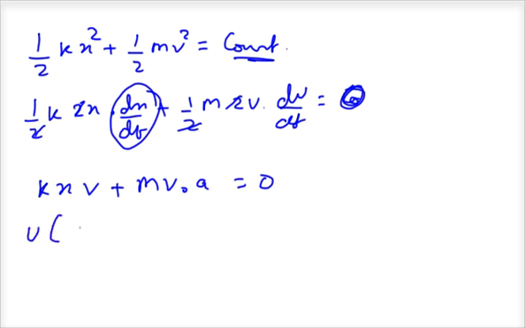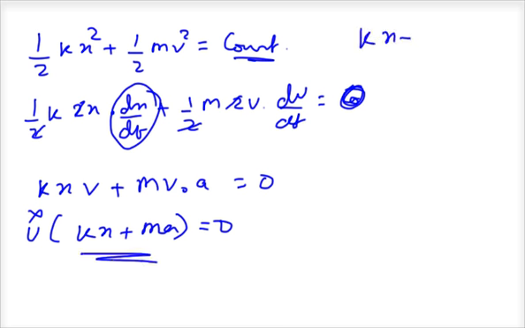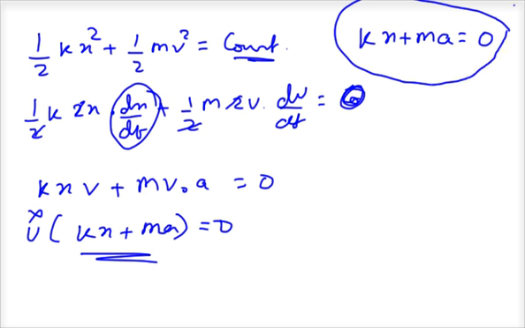I can take v common, so kx plus ma is equal to 0. Now v is not equal to 0, so this must be 0, so kx plus ma is equal to 0, right? This is what we defined at the beginning, that if a body is in simple harmonic motion, this equation represents its motion.